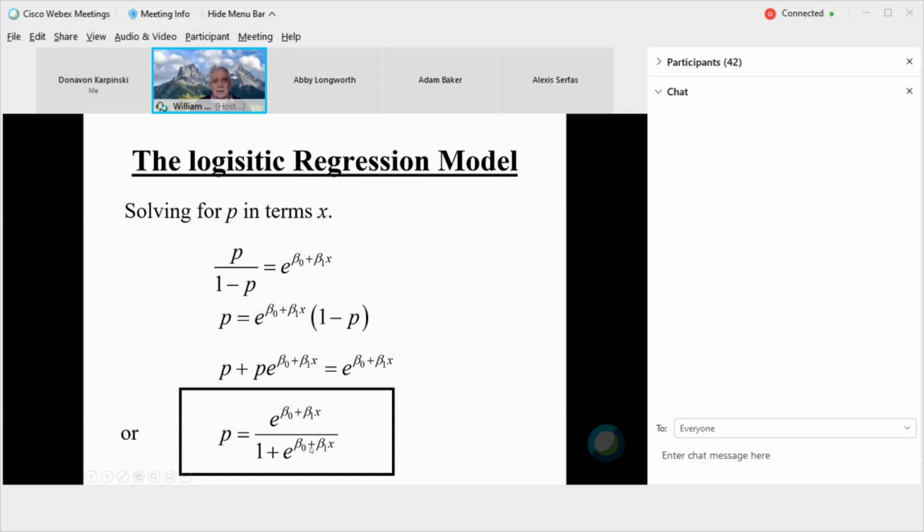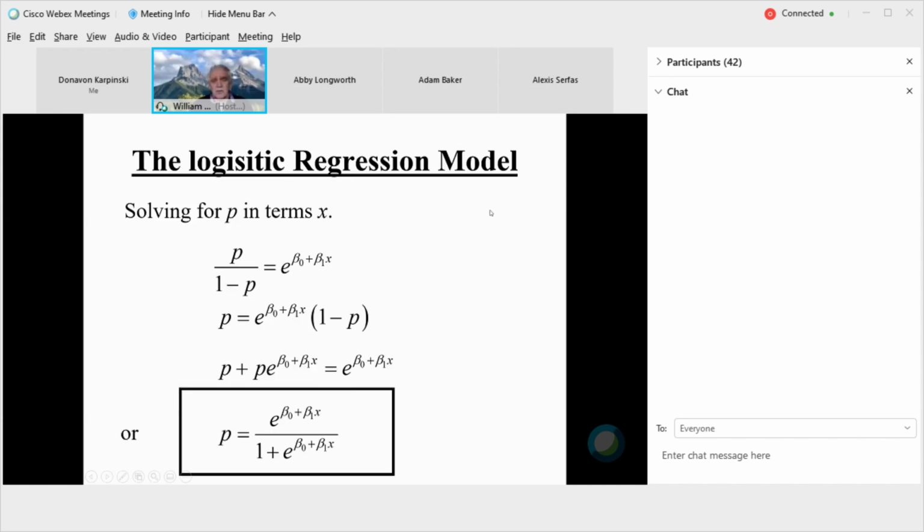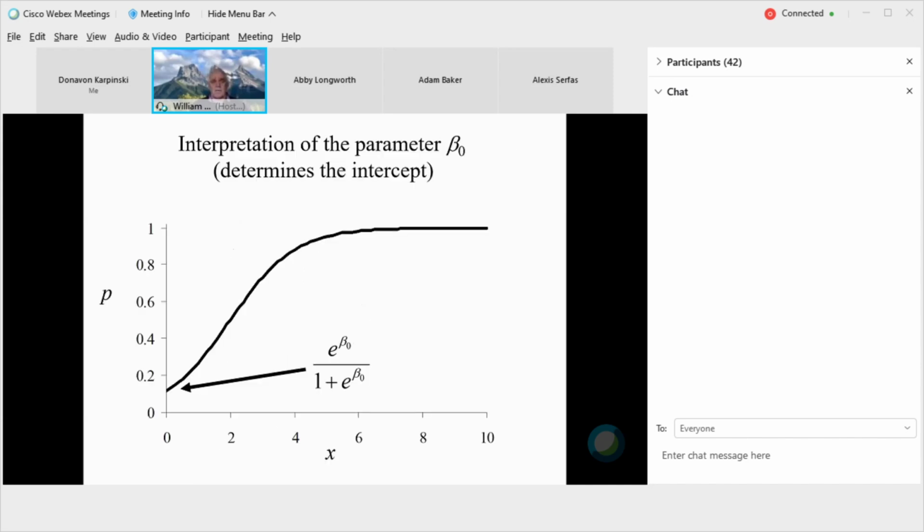If you graph that, it will form an S-curve. The limiting value will be 1. The value at 0 is e to the beta naught over 1 plus e to the beta naught. So the parameter beta naught determines the intercept of that S-curve.